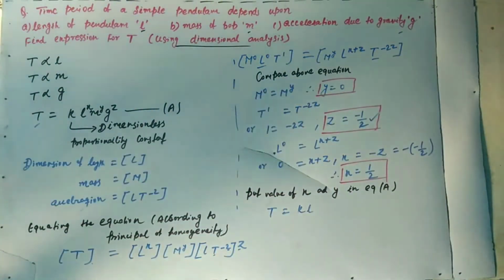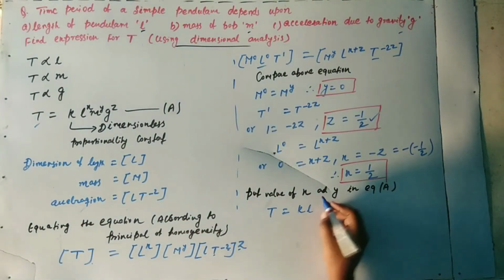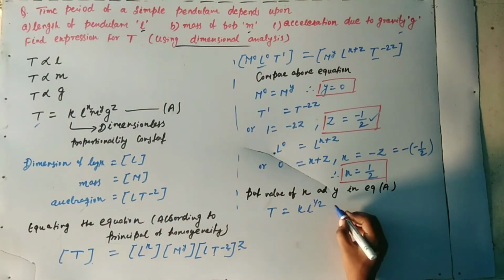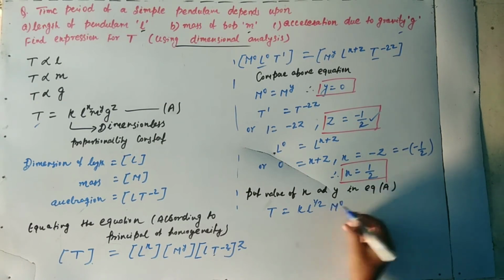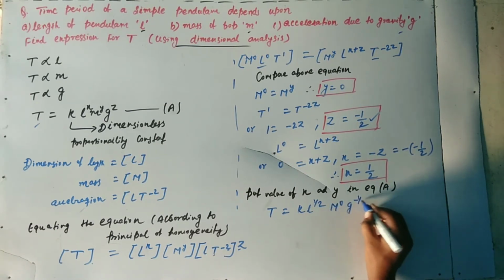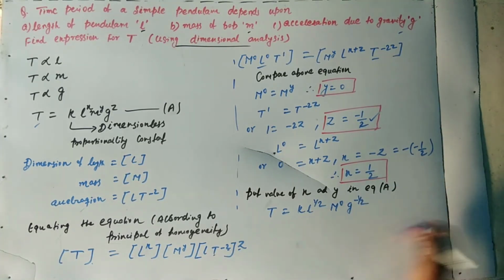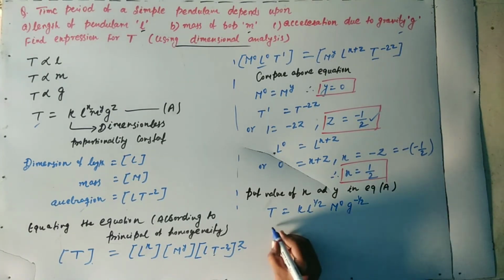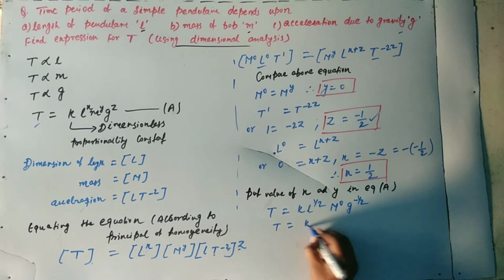So it will be T equals K into L to the power 1 by 2 into M to the power 0, since the value of Y is 0, into G to the power minus 1 by 2.